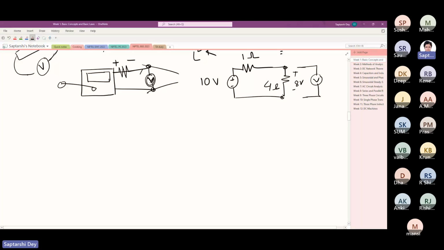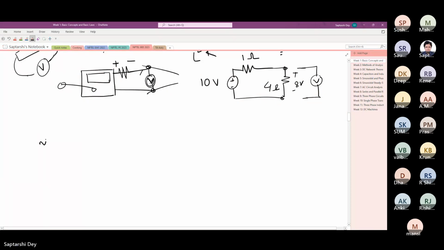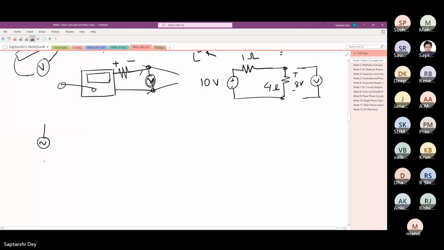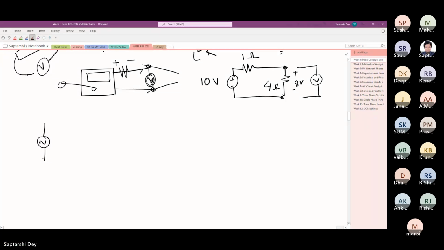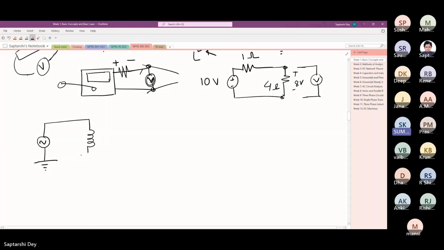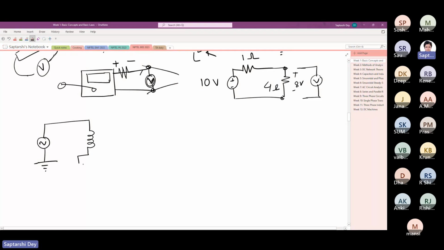You guys have some idea about transformers, right? Yes, sir, 12th standard physics. Okay. So suppose there is an AC source, and this side of the AC source is grounded. This AC source comes to a transformer. This terminal is also grounded.